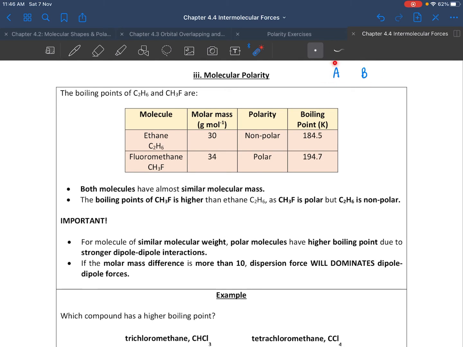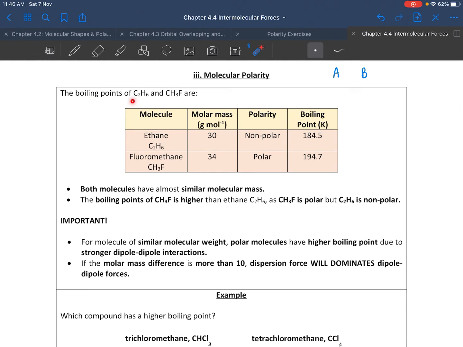The molecular weight is said to be the same. So when it is the same, we need to look at the second factor, which is molecular shape. Let's say the molecular shape is the same, for example both are long and linear. So we cannot compare in terms of shape. We have to look at molecular polarity.